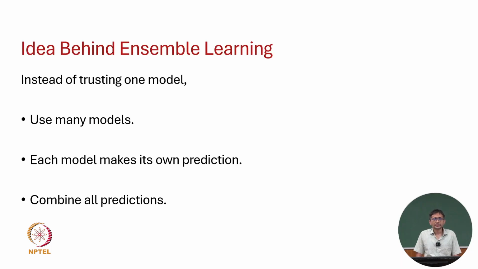The idea behind ensemble learning is that instead of trusting one model which might have overfitted, why not use many models, such that each model makes its own prediction and then we somehow combine all predictions by voting or some other mechanism.